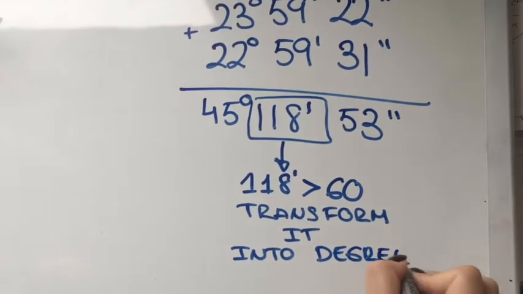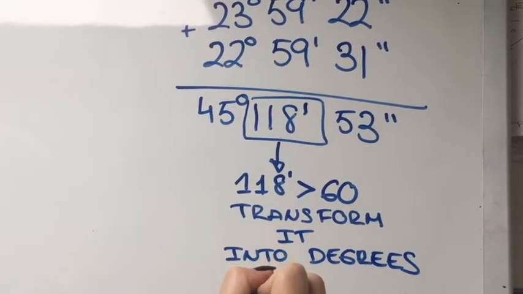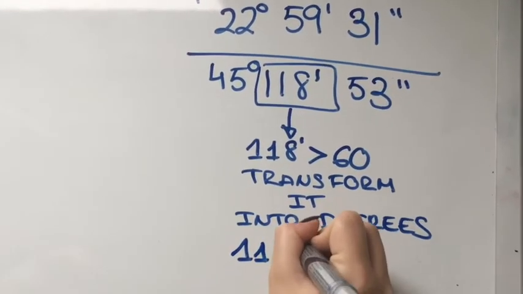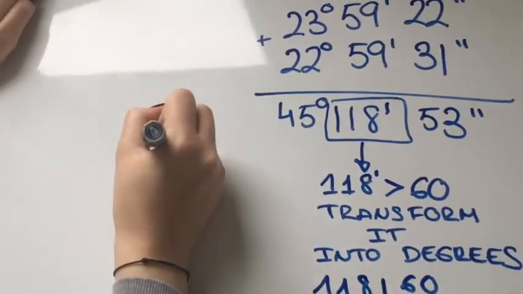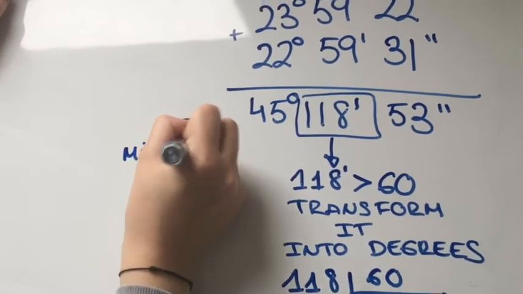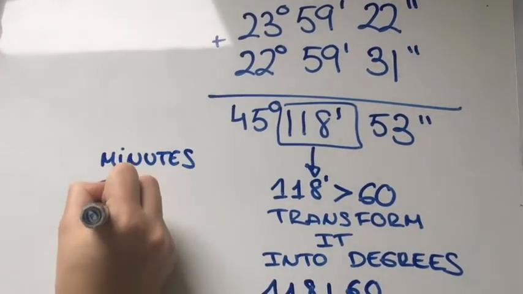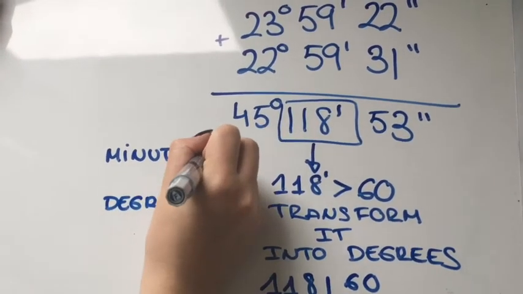So if in the result there's a number bigger than 60 minutes, we have to transform it to express the result properly. In order to do that, we will divide the number of minutes by 60, so we can transform the minutes into degrees.